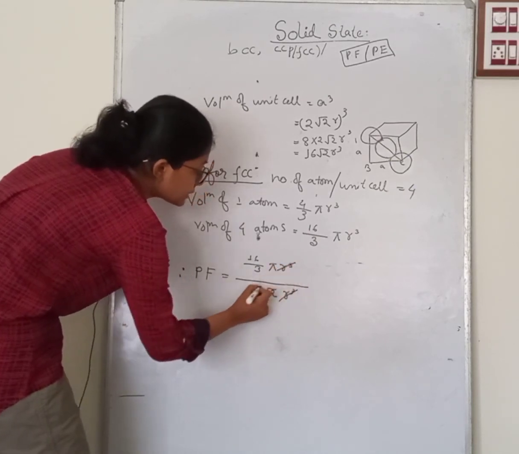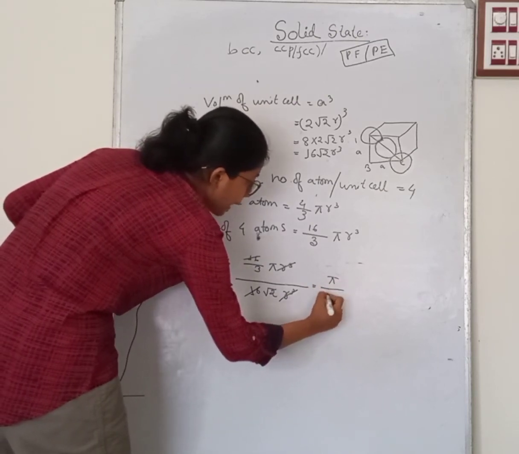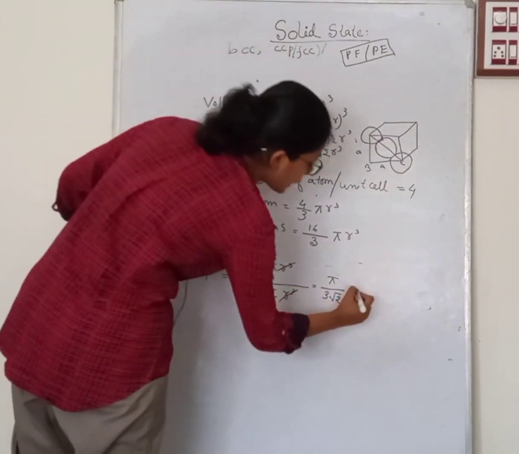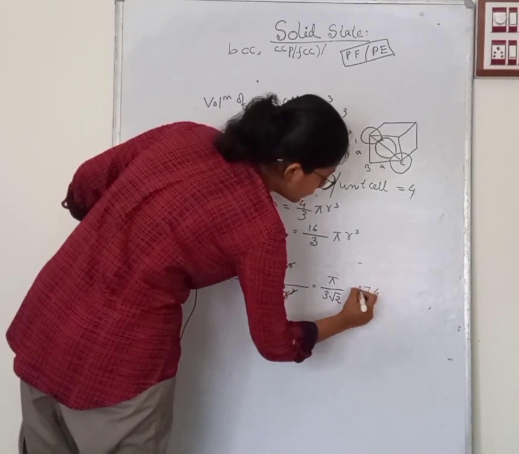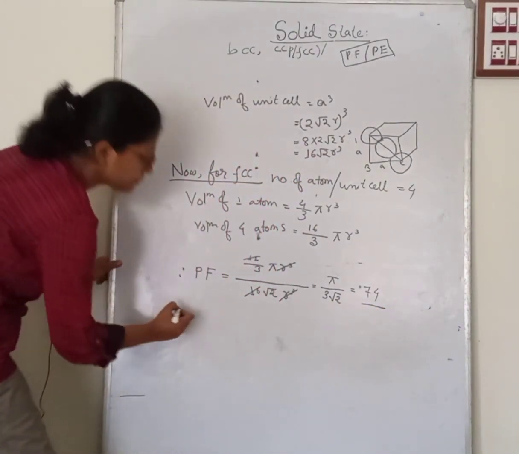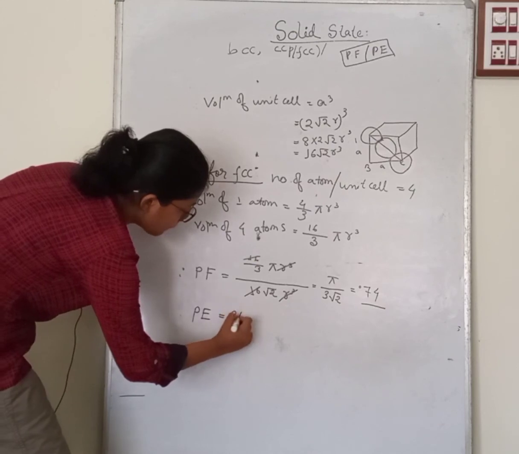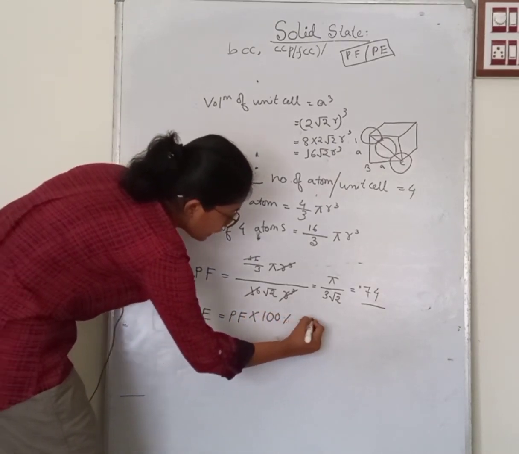So the 16 will be cancelled, and we will get pi by 3 root 2. If you calculate it, it will be around 0.74. Therefore packing efficiency is equal to packing fraction into 100%.